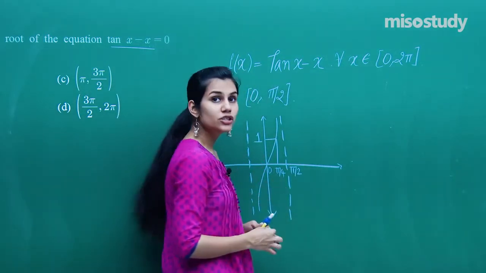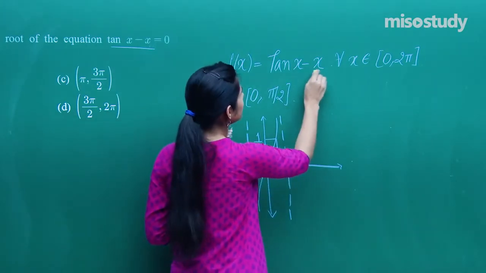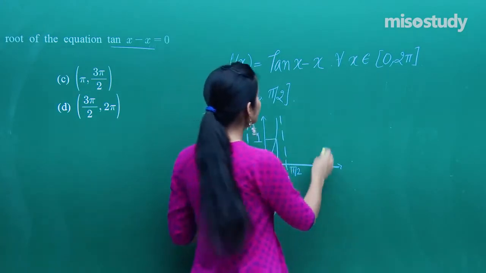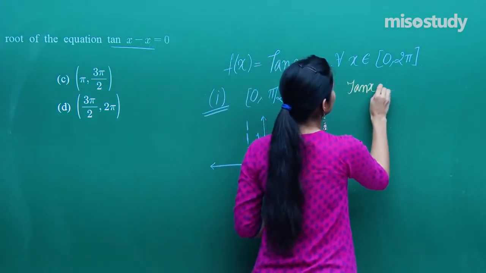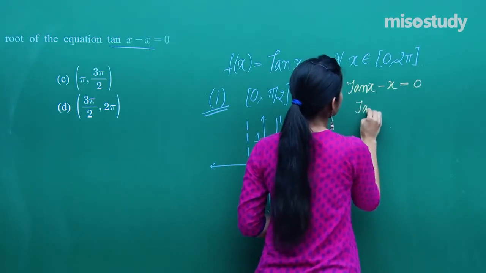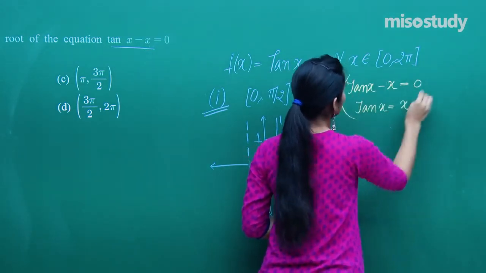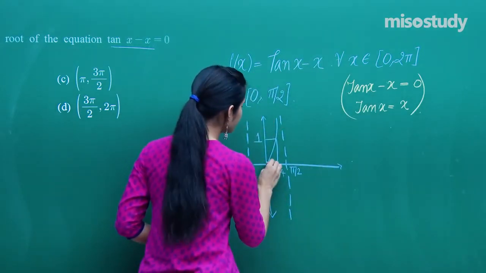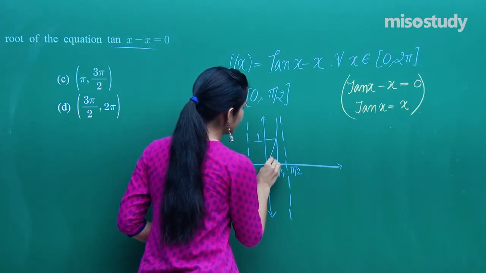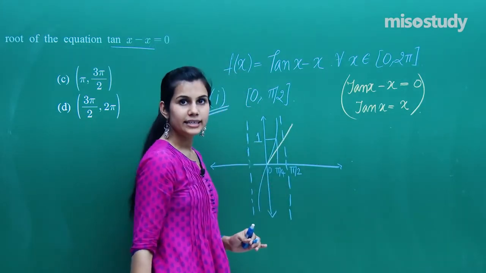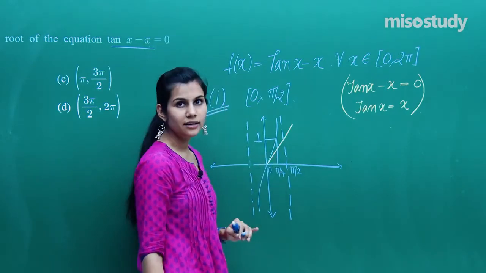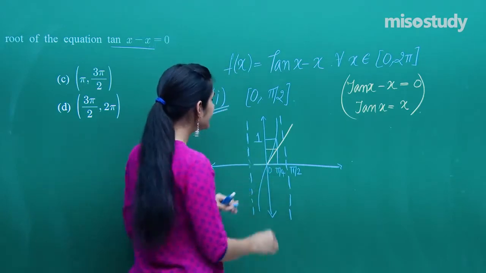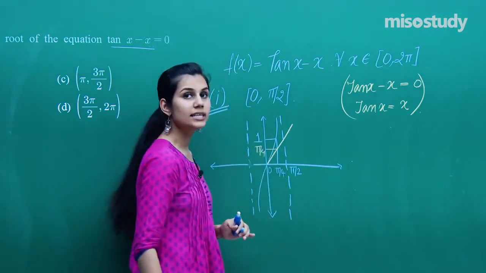So when the identity function is going to be plotted, this is the identity function, isn't it? This is y equals tan x, this is y equals x. So basically if I am saying at what x tan x minus x should be 0, I am saying at what x tan x should be equal to x. Tan x is this. If x is belonging to 0 to pi by 2, the function x is going to go less than tan x, because at pi by 4 the identity function will be giving you pi by 4 which is less than 1.